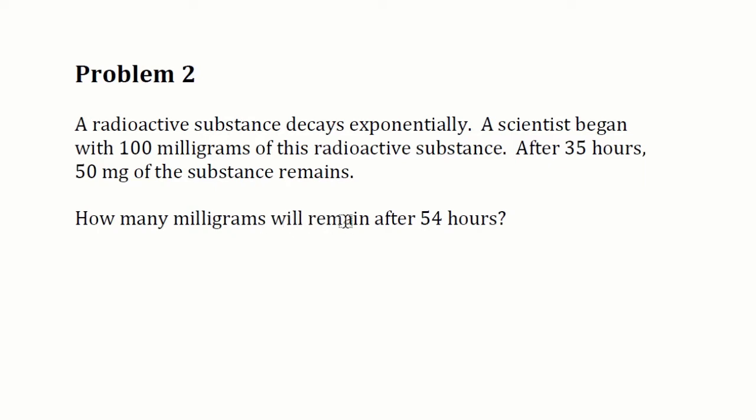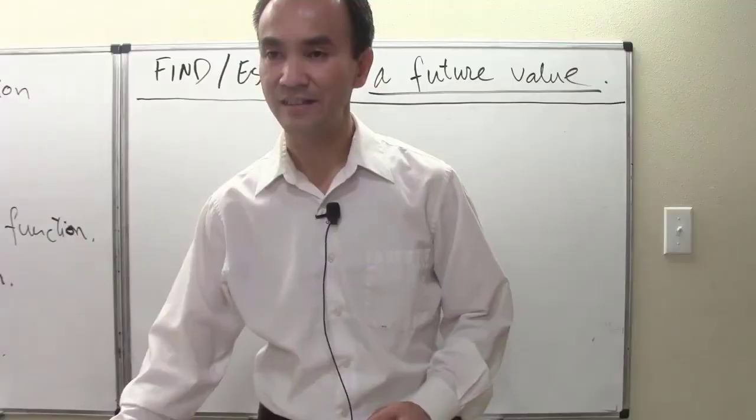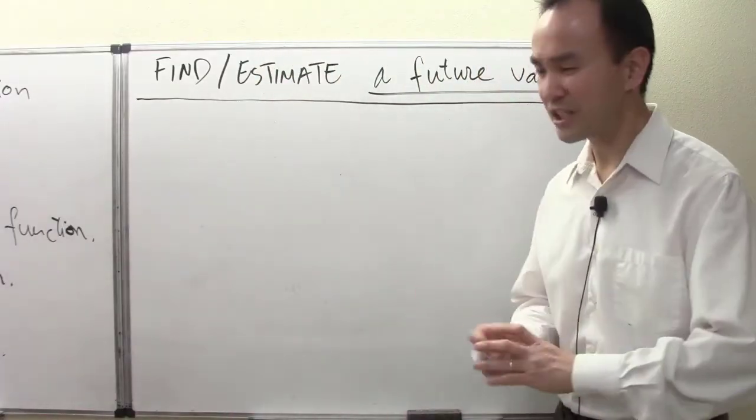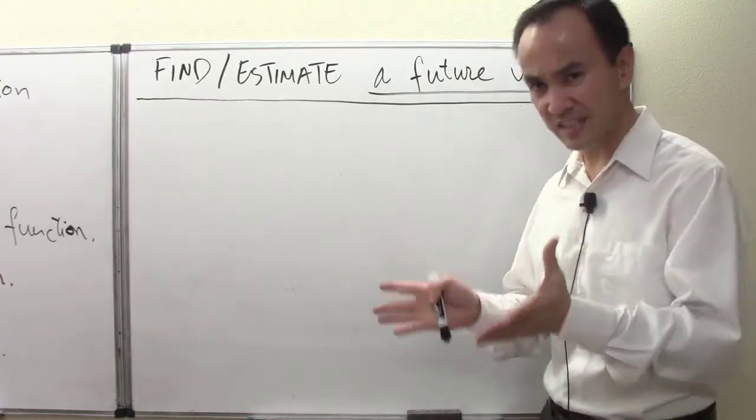This is a future amount, some amount after 54 hours. That's why in order to answer this question, we need to come up with our modeling function.